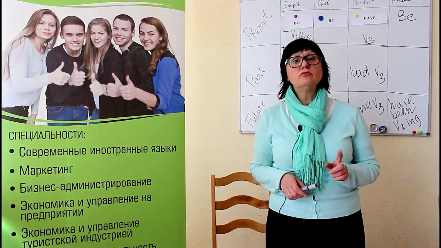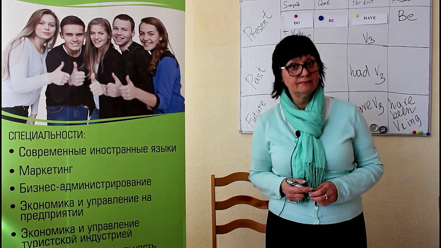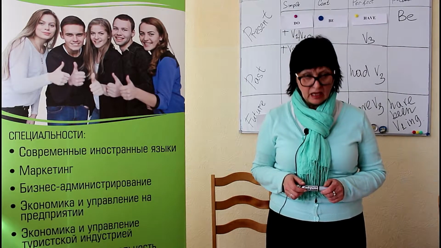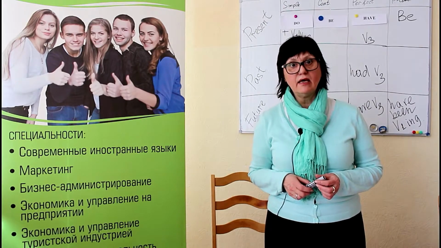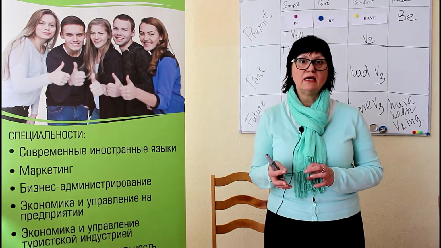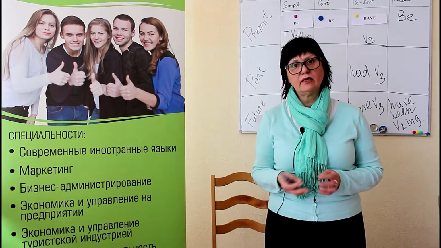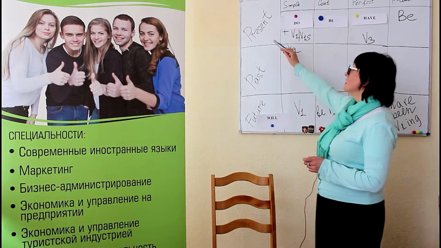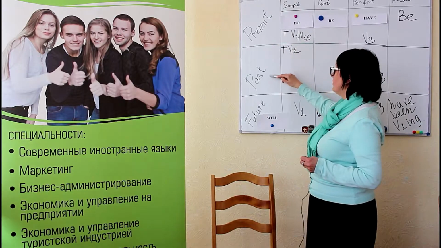In Russian, we do not change the form of the verb when we think about tenses. In English, we have to do it. Speaking about existence of tenses, the similar fact, both in Russian and English, is that we have three main tenses: present, past, future.